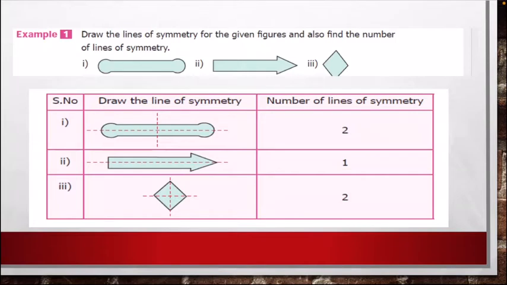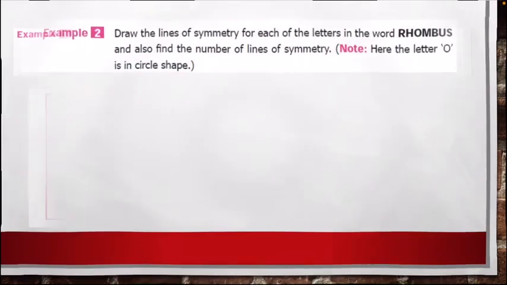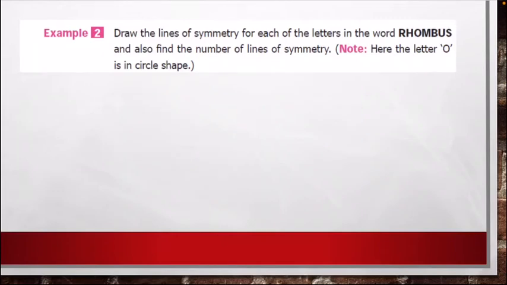Students, you may get confused when it comes to letters, alphabetical letters. Shall we see that too? Come along, kids. The next one. In this question, they have given the word rhombus and asked you to find the number of lines of symmetry.